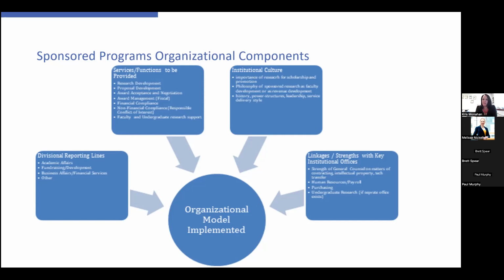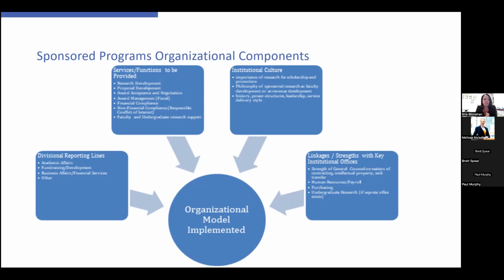Certainly business affairs and finance, right? We don't have grants and we don't have federal funding without money and money coming in that needs to be managed appropriately. Yes, we've got to get the grants, but we also have to be building an infrastructure where we can manage them and watch them grow. Some institutions might actually start with individual faculty out there getting grants, and then they're just managed on the back end in finance.